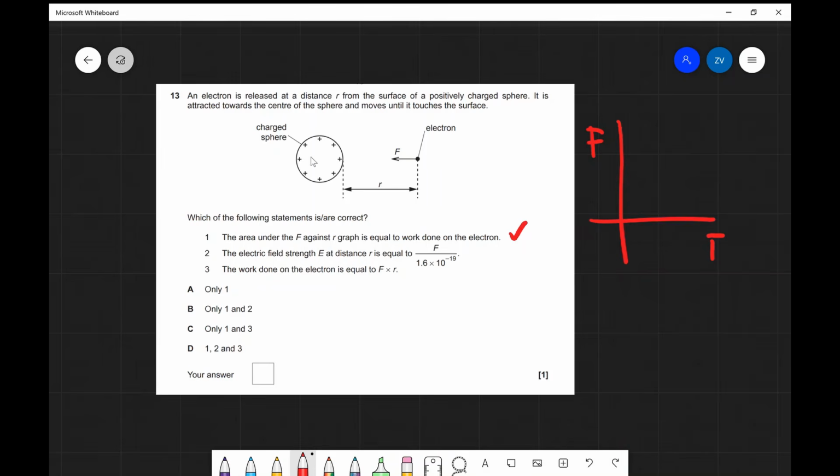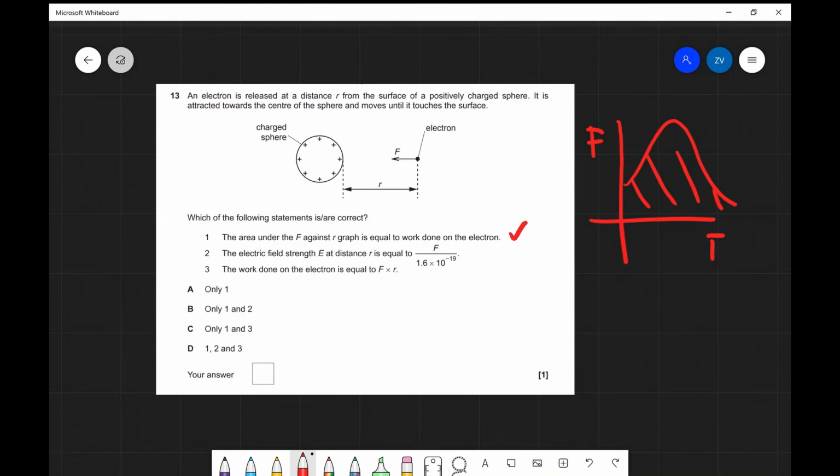No matter what the shape is, it's the area under the curve. For those of you who enjoy mathematics, you don't need to know this for the exam, but work done really is the integral of the dot product between the force and the dr vector, or the integral of F with respect to r. Anyways, back to the question.